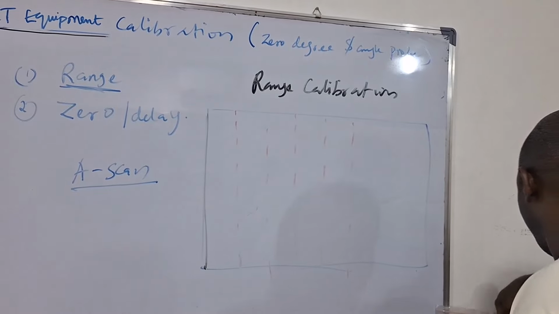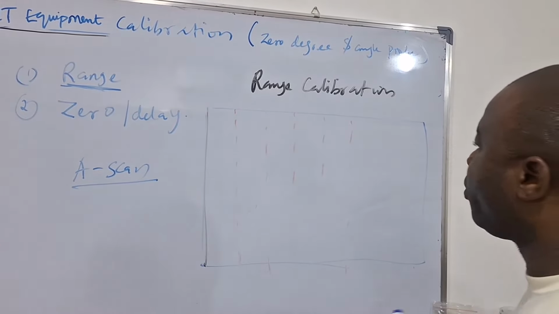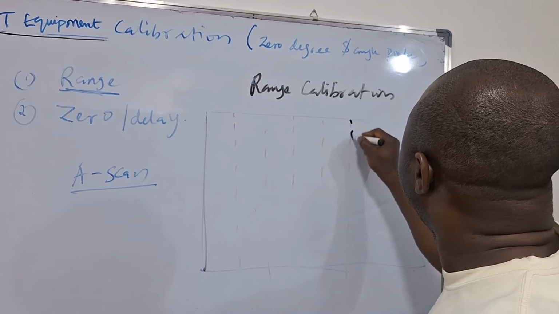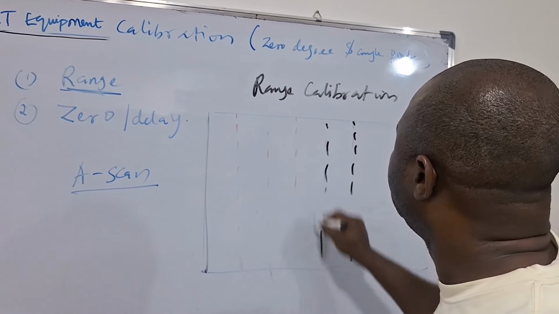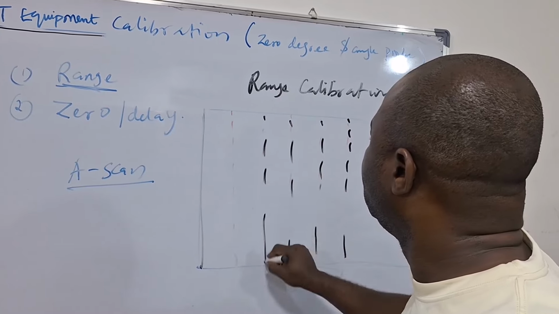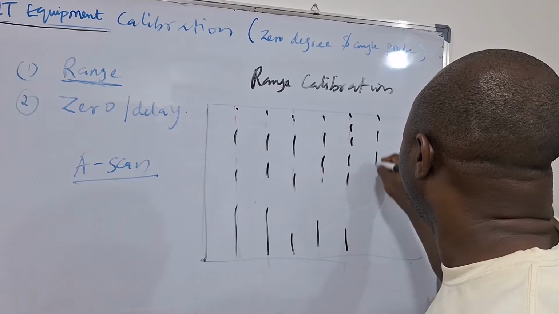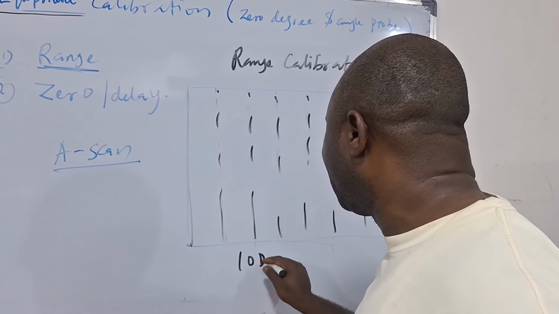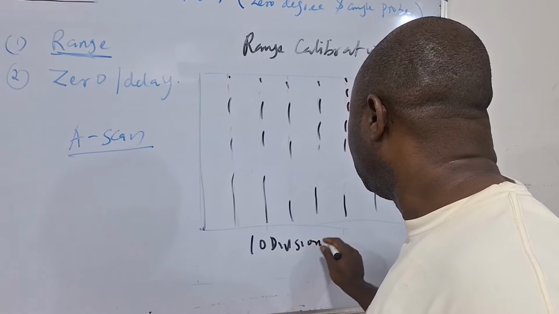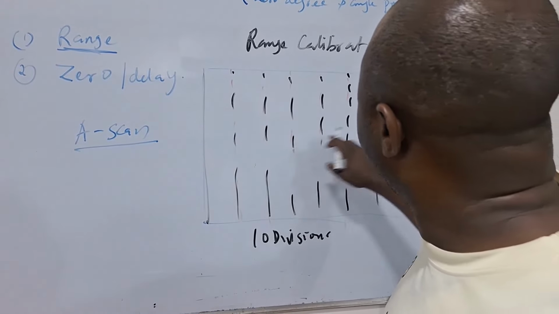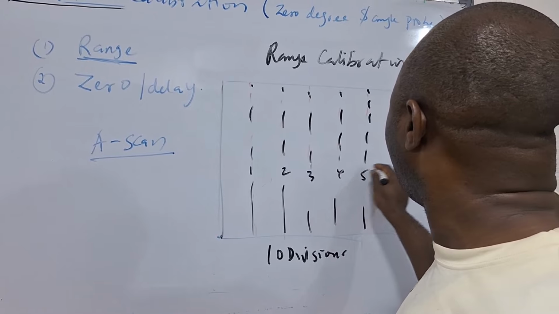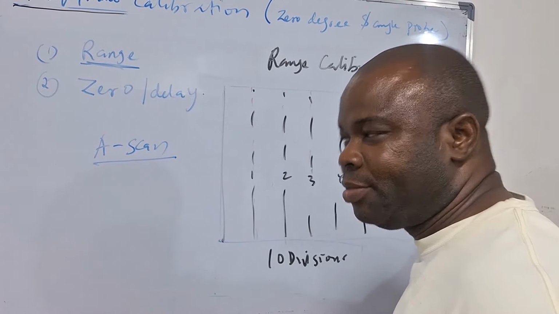Okay, my marker is not working. Let's get some more. So normally you are going to have 10 divisions of your screen. So I'm going to have 1, 2, 3, 4, 5, 6, all the way to 10.